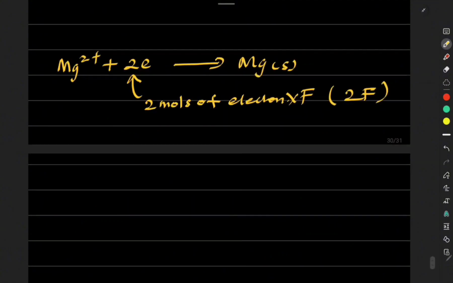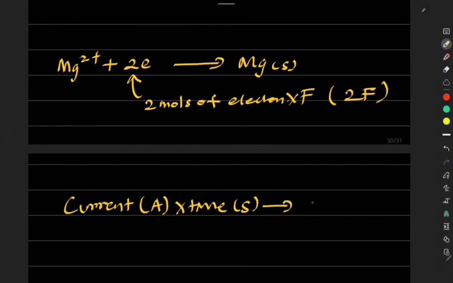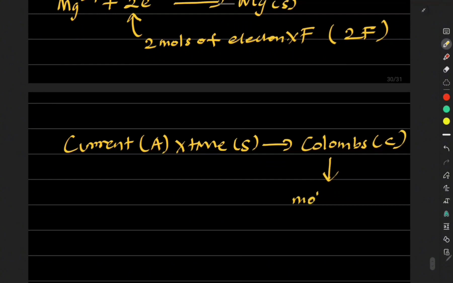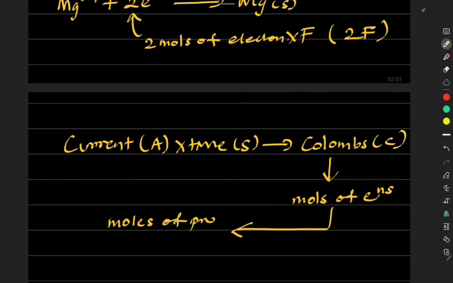Let's look at the application of Faraday's constant. We multiply current, which is in amperes, by time in seconds. It gives us coulombs, which is charge, and coulombs are converted into moles of electrons, and then moles of product or reactants.